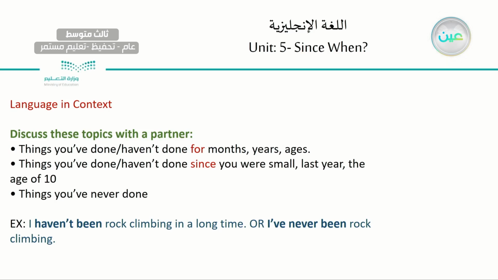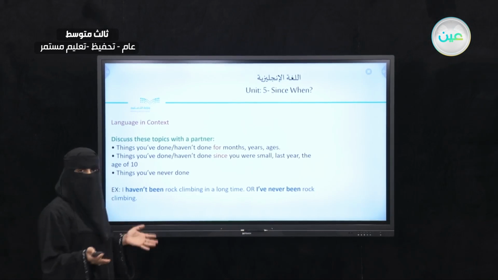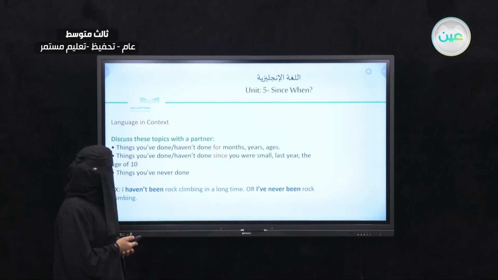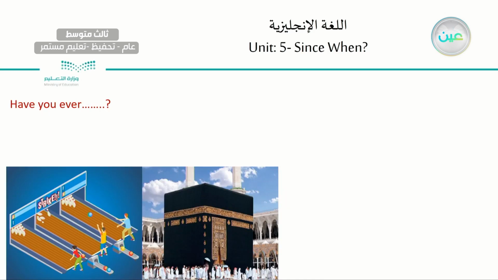We asked and answered questions, and also about things we did in the past, things we haven't done in the past, things we have never done in our lives. Okay, these are some of the things we asked about, some of the topics we talked about in our previous lesson.